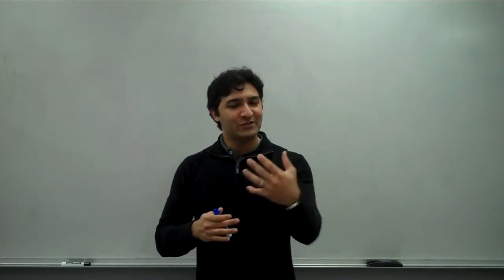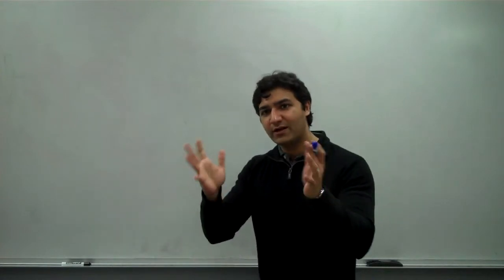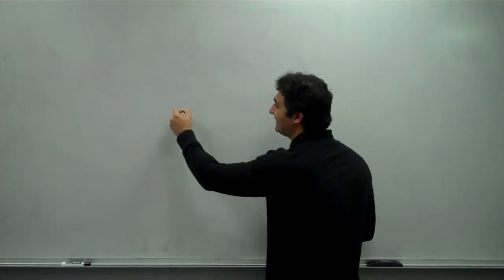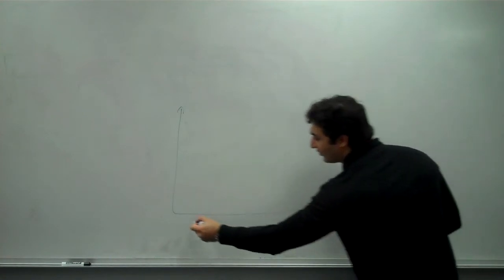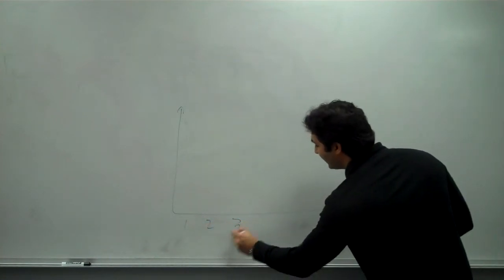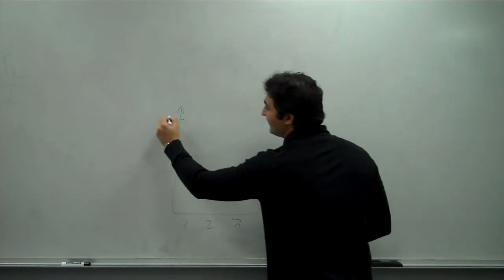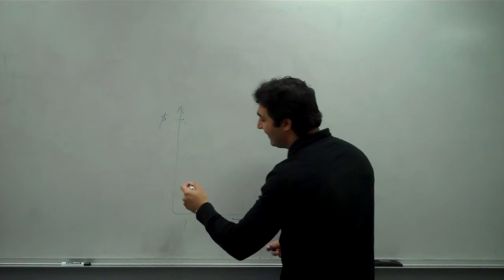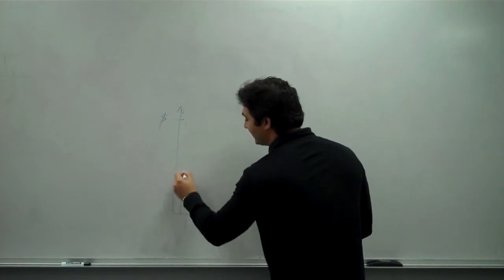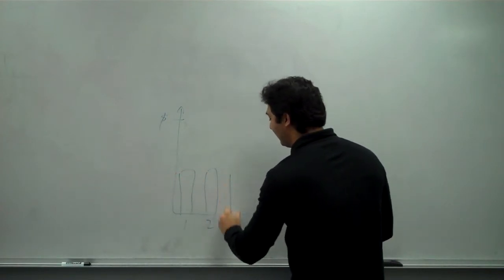And to help you visualize what I'm talking about, let me draw a diagram of what I'm saying. So if this were months, 1, 2, 3, let's say 12 months, right? And this is the dollars that you're paying on a monthly basis, right? So today, let's say you're paying some number of dollars today, right?